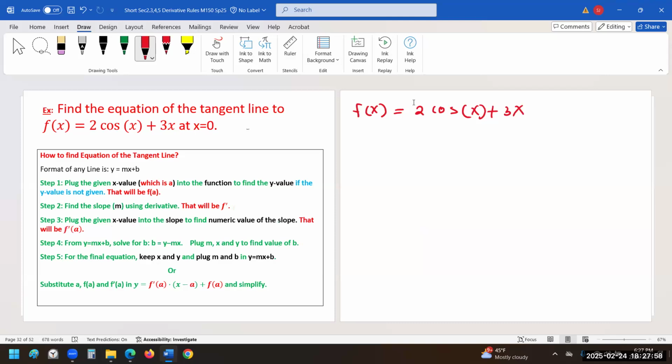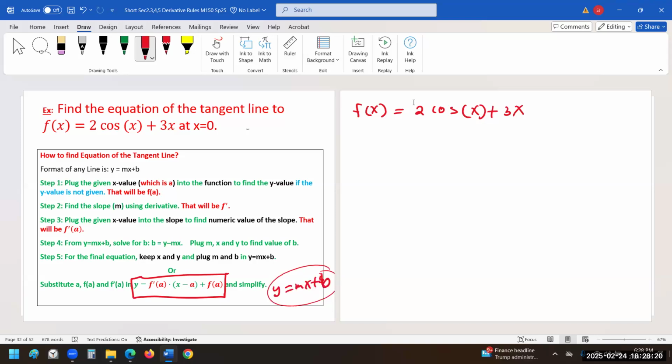And remember, the equation of the tangent line is whatever I gave you before. Either this, or you find your slope first, your y-intercept, and then put them together as y equals mx plus b. It's up to you.